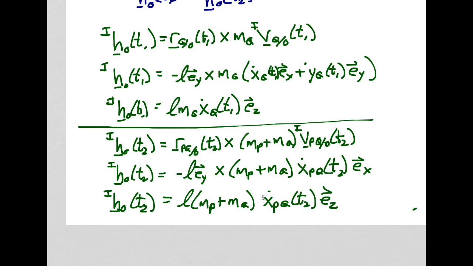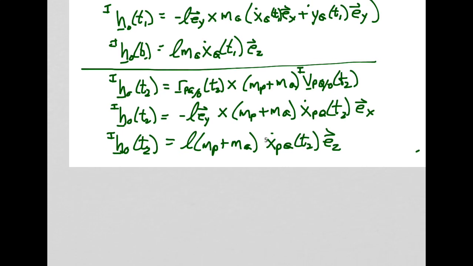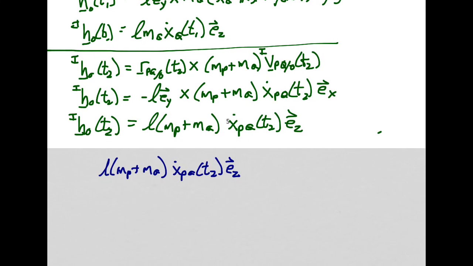And so we set these two expressions equal to each other. So the total angular momentum at time 2 is equivalent to the total angular momentum at time 1, and we get L mp plus mq, so this is at time 2, x dot pq at time 2, in the ez direction, is equal to L mq x dot of q at time 1, also in the ez direction.